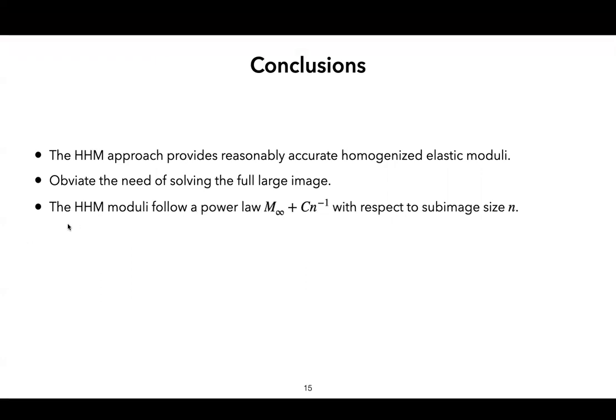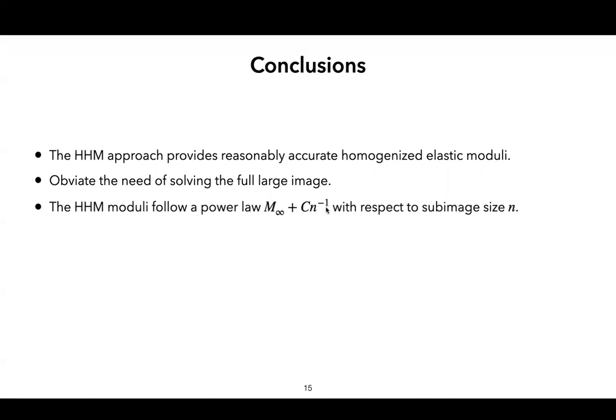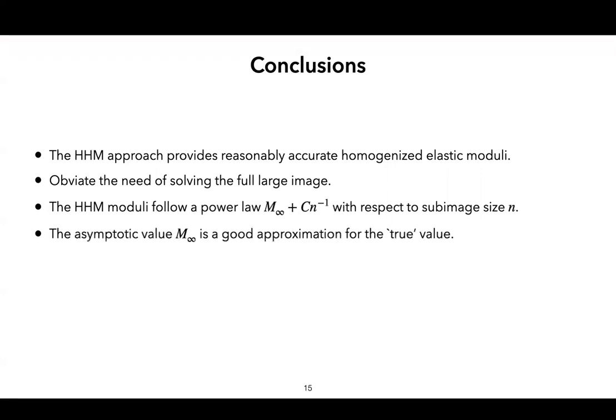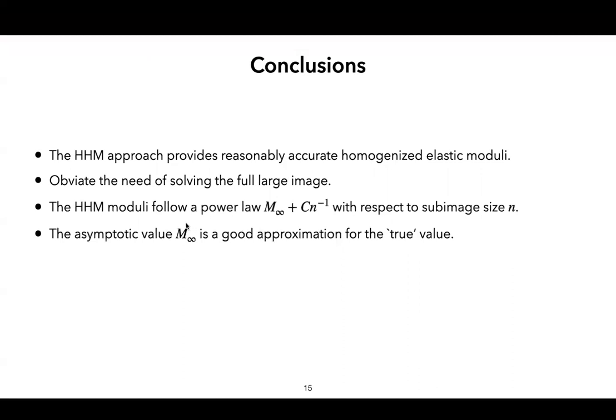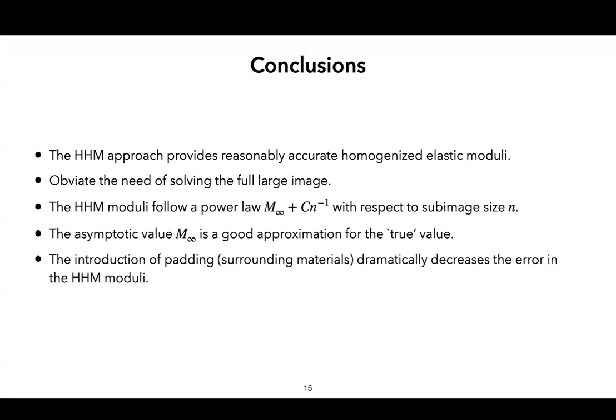The hierarchically homogenized moduli follow a power law behavior with a fixed exponent of -1 with respect to subimage size. And then we can exploit this power law scaling to obtain this fitting parameter M infinity, and this M infinity is a good approximation for the true value.